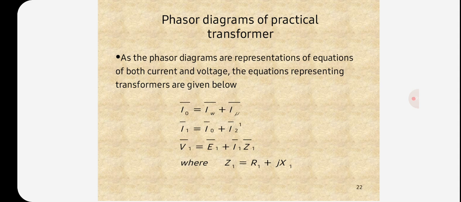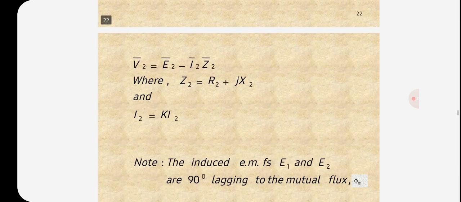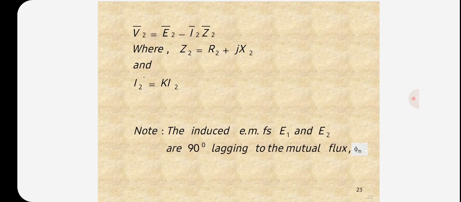Then I1 is equal to I naught plus I2 dash, and also V1 is equal to E1 plus I1 Z1, where Z1 is equal to R1 plus jX1. So V2 is equal to E2 minus I2 Z2, where Z2 is equal to R2 plus jX2, and I2 dash is equal to K I2.